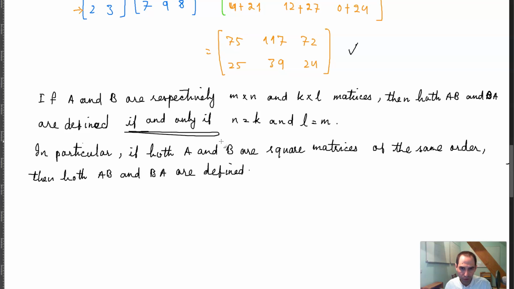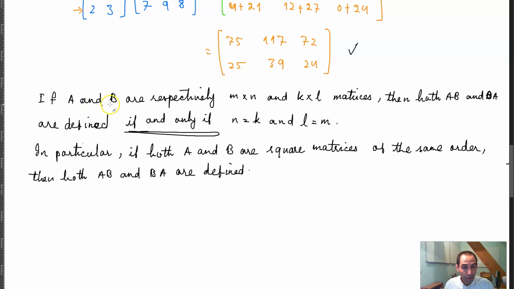For example, suppose that A is a 2 by 2 matrix and B is a 2 by 2 matrix. Then when you want to multiply A by B, 2 and 2 match together, and then again B is 2 by 2 and A is 2 by 2, and these two will match together. So both AB and BA are defined. We have no problem there.